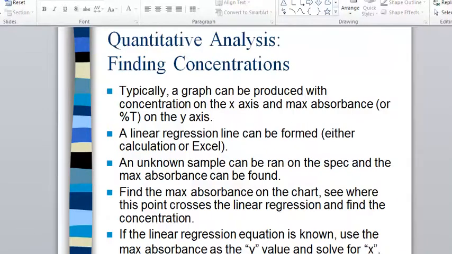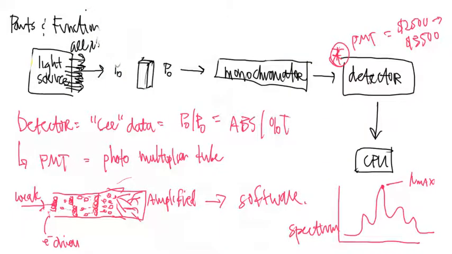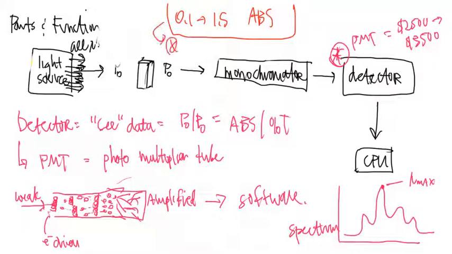Now, there's a couple of problems that we might have. One, when we start running samples, we might not get an absorbance of 0.1 to 1.5. If I'm outside of this working range, things do not work for me, because Beer's law does not work very well outside of that range.